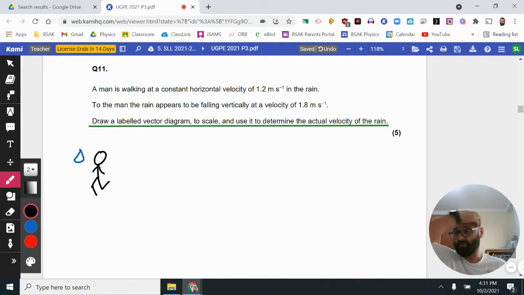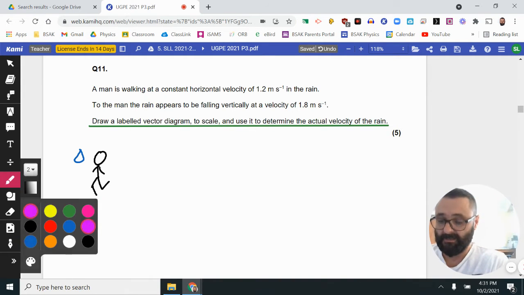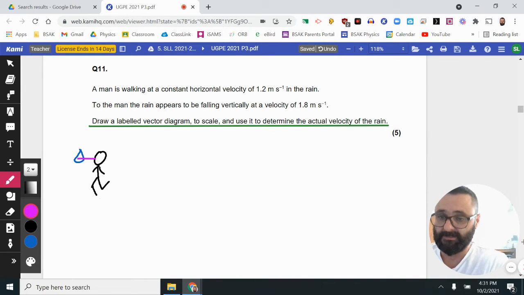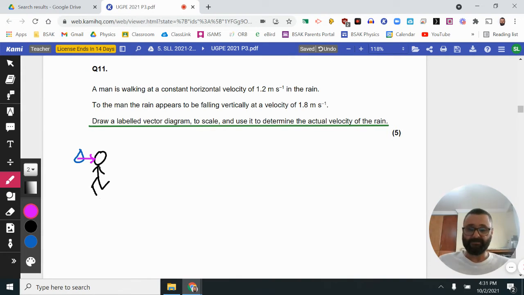He's walking into the rain, so the rain is actually going to have, relative to the man, a component of velocity in that direction, isn't it? He's walking to the left, so relative to the man, the rain is moving to the right, horizontally. The man's walking horizontally to the left, the rain is moving horizontally to the right relative to the man.